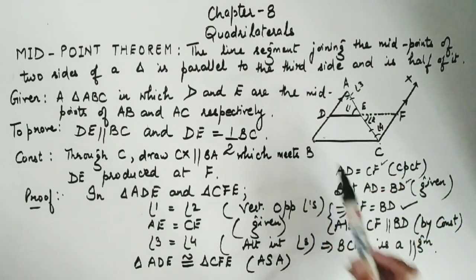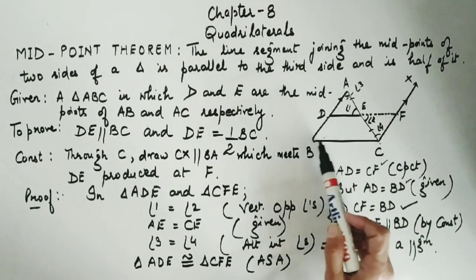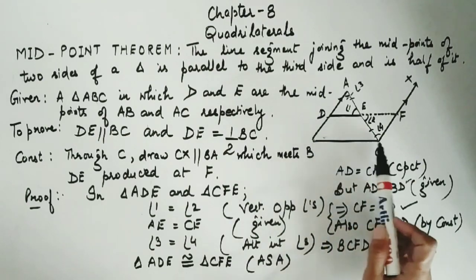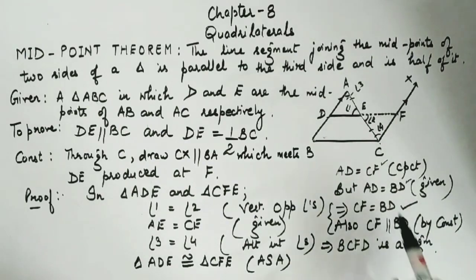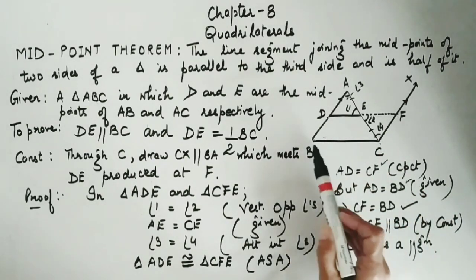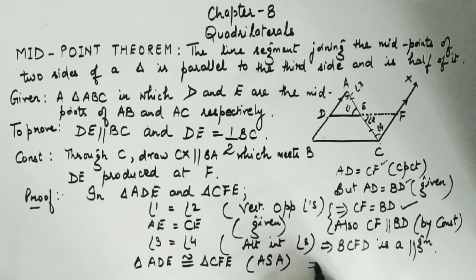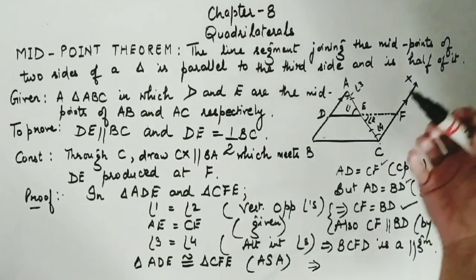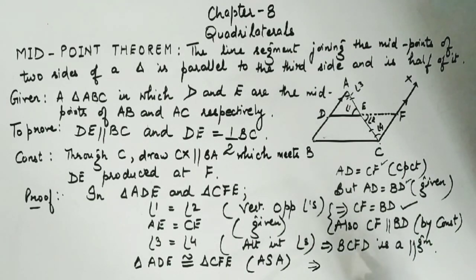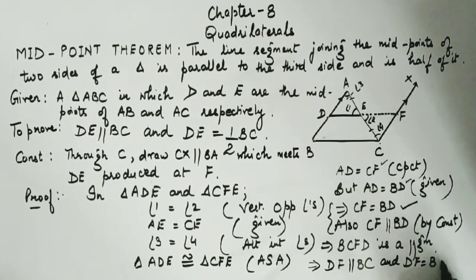So BCFD is a parallelogram, and if it is a parallelogram, DF must be equal and parallel to BC as well. So I'll first write: DF is parallel to BC and DF is equal to BC.